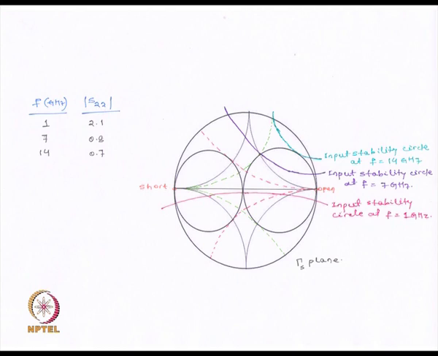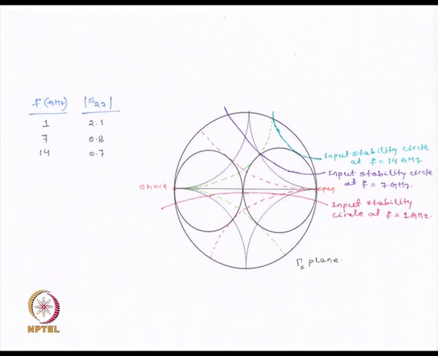Now, this is an interesting diagram showing the variation of stability with frequency. This small circle with small radius is the input stability circle for a frequency of 14 gigahertz, this circle is the input stability circle for f equal to 7 gigahertz, and this circle is the input stability circle for f equal to 1 gigahertz.